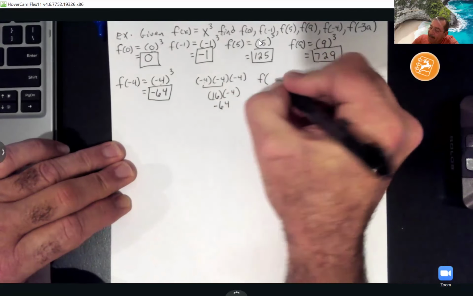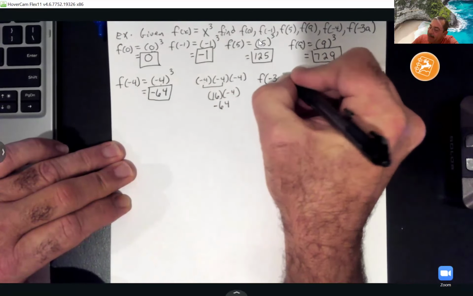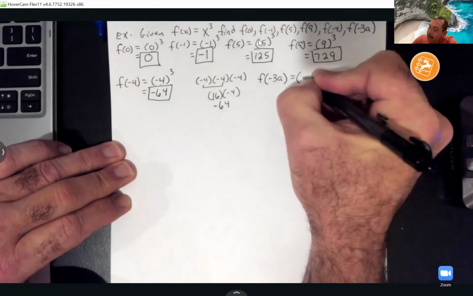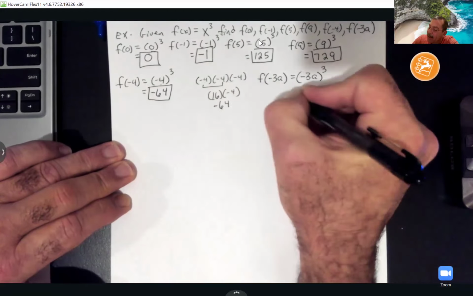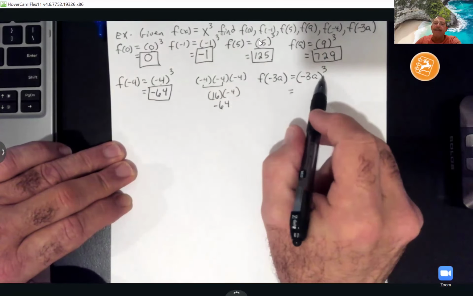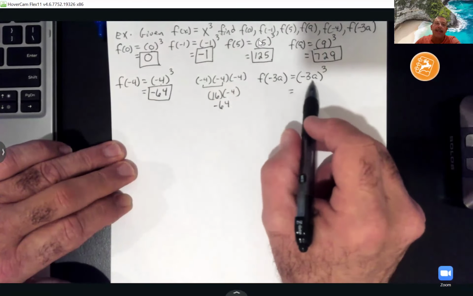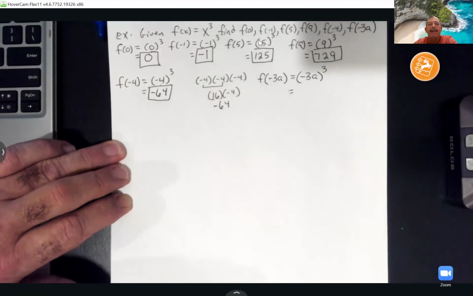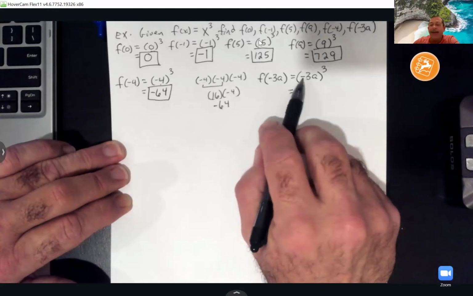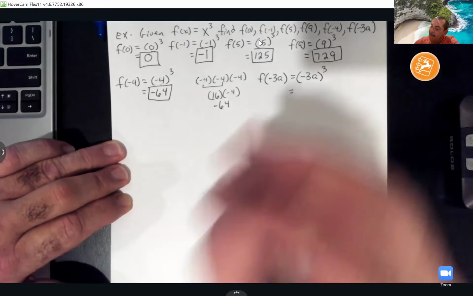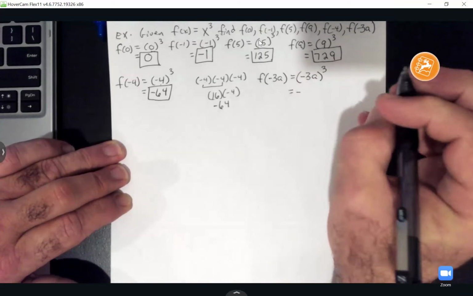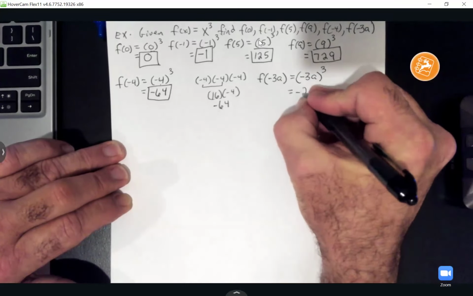All right, y'all. F of -3a is going to equal -3a to the third. That exponent affects everything in these parentheses. So we got to figure out what is the -3 to the third power first. Is it -27a?